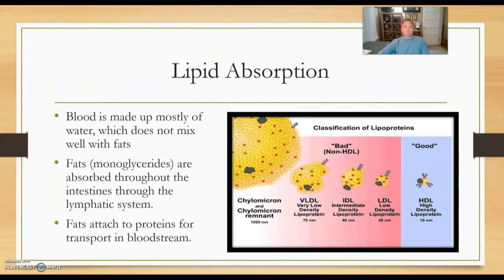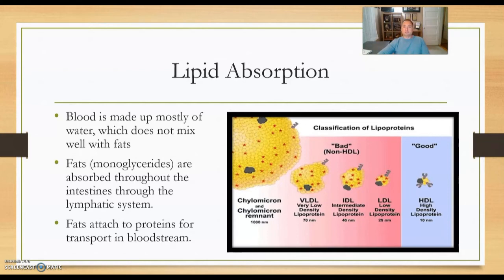Okay. Well, what happens after that? Well, once it's broken down, it's got to be absorbed so your cells can use it. Okay. Blood is made up mostly of water, which does not mix well with fats. Right. So the more oily or fatty your blood is, the thicker it will feel, and the harder it will be for it to move throughout your body. Right?